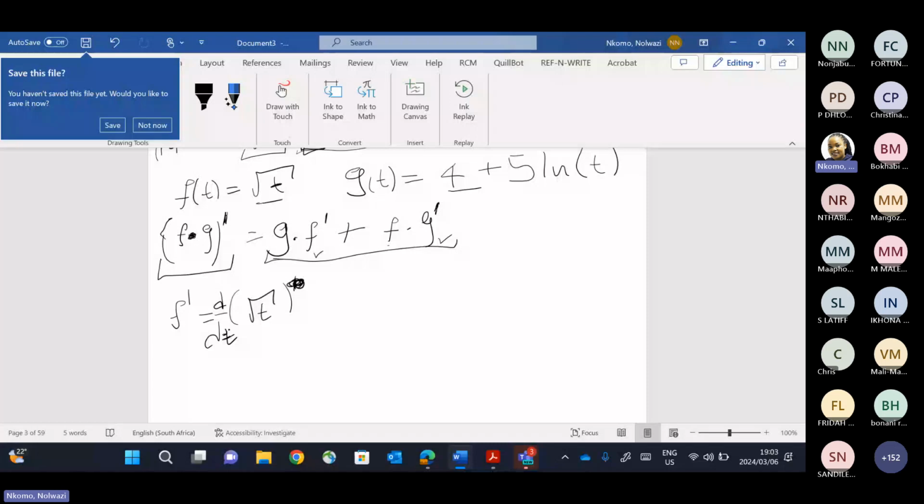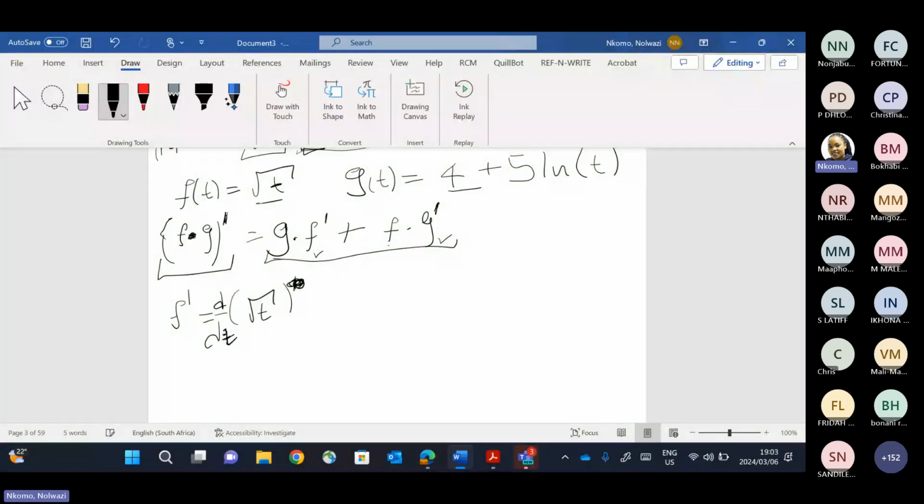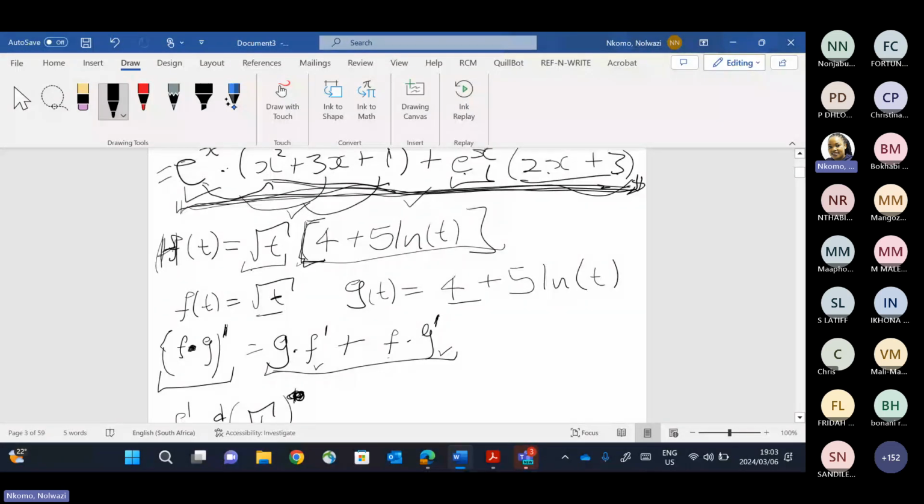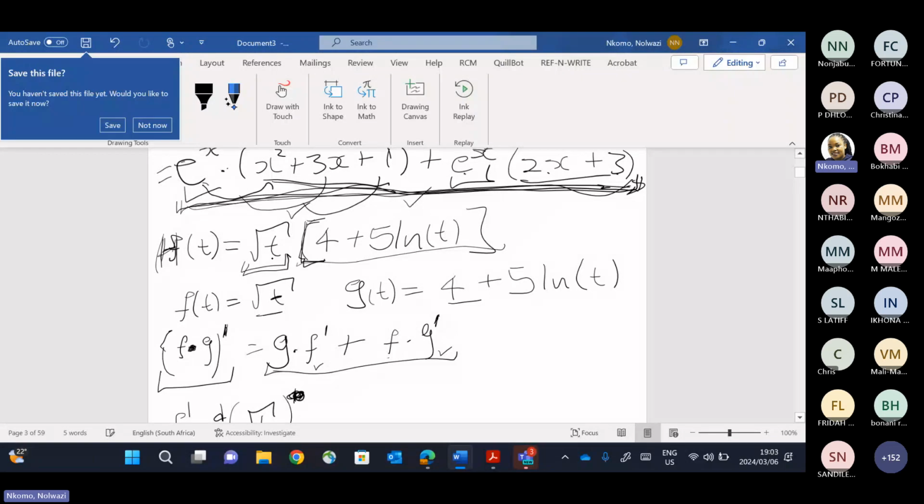The reason we don't have x here, we have t, is because this is a function of t. It's in terms of t. If here we had x, then we would have differentiated with respect to x. But it's in terms of t, meaning we have to differentiate with respect to t.